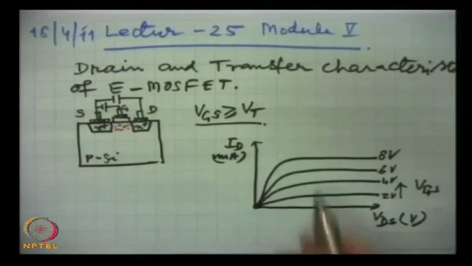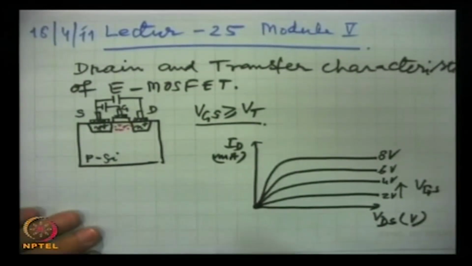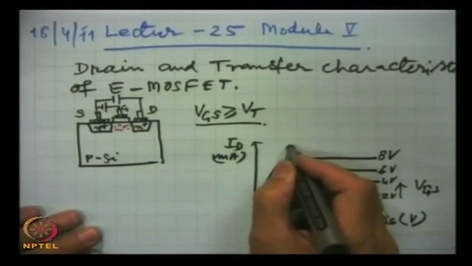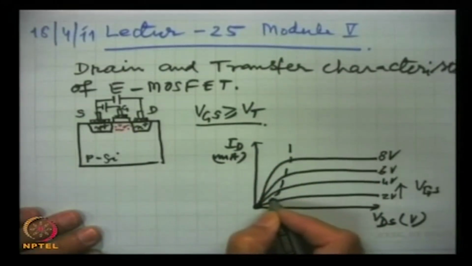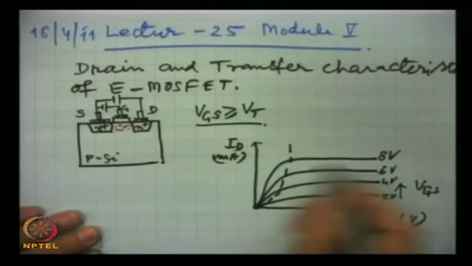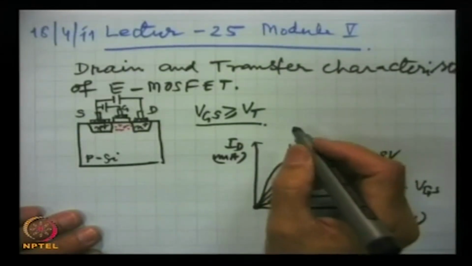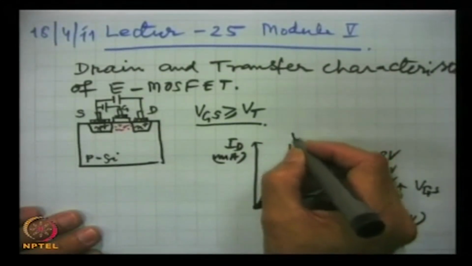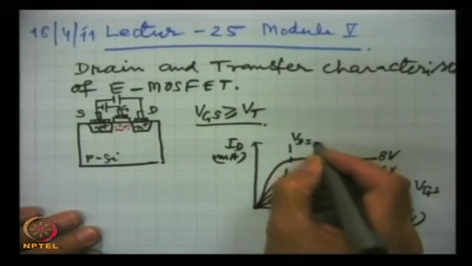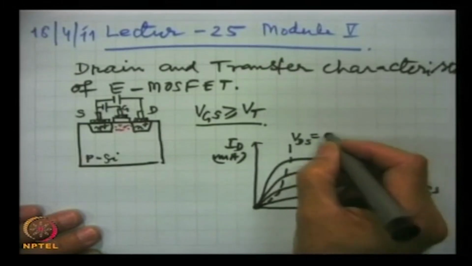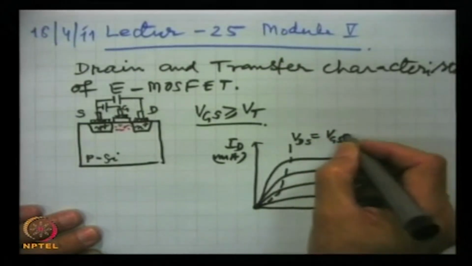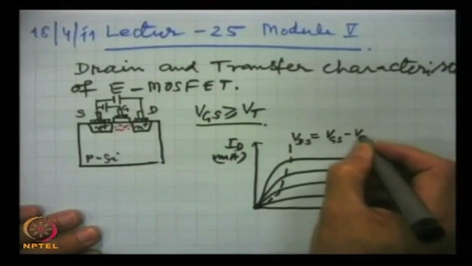Now, these characteristics can be divided into 3 regions. Here the locus of these points where a kind of saturation region starts, as usual we have seen earlier as well, VDS has to be equal to VGS minus VT.